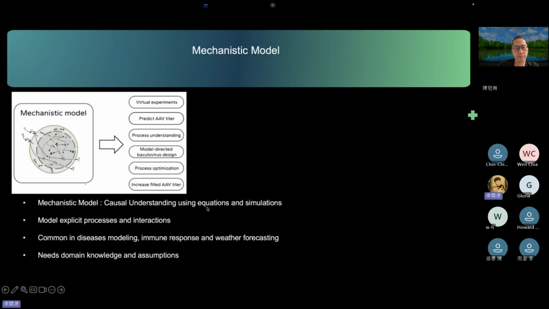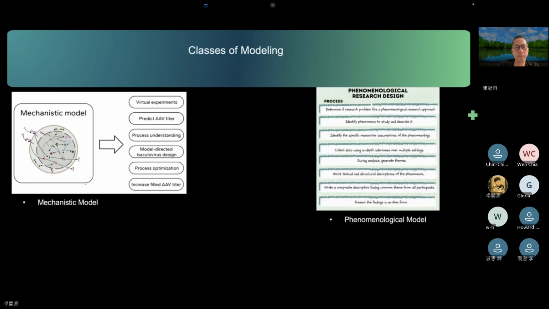It is math-heavy, using equations and simulations, and is very common in disease modeling, immune response, and weather forecasting. These models need domain knowledge and some assumptions in order to create the equations that find relationships between variables.